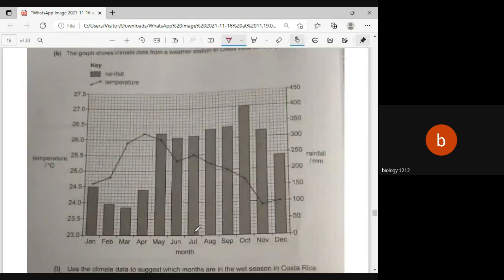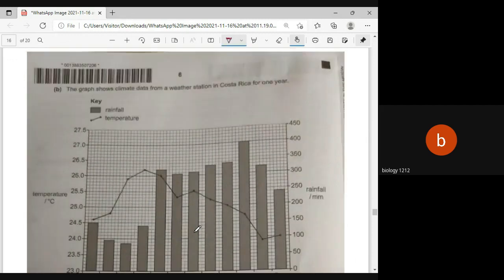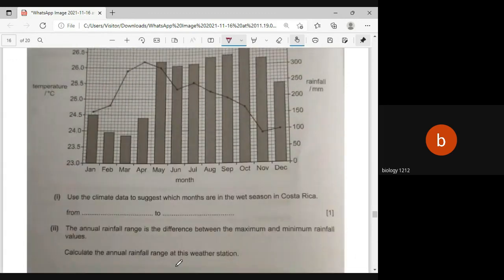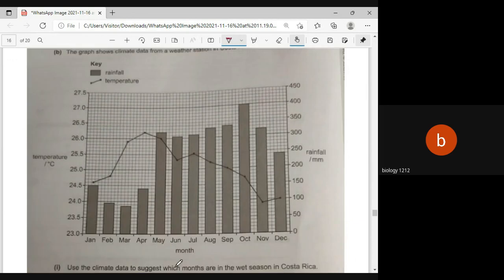Next one, the graph shows climate data from the weather station in Costa Rica for 1 year. Key is their rainfall and temperature. They are asking use the climate data to suggest which months are in wet season in Costa Rica. So wet in the sense is rainfall.